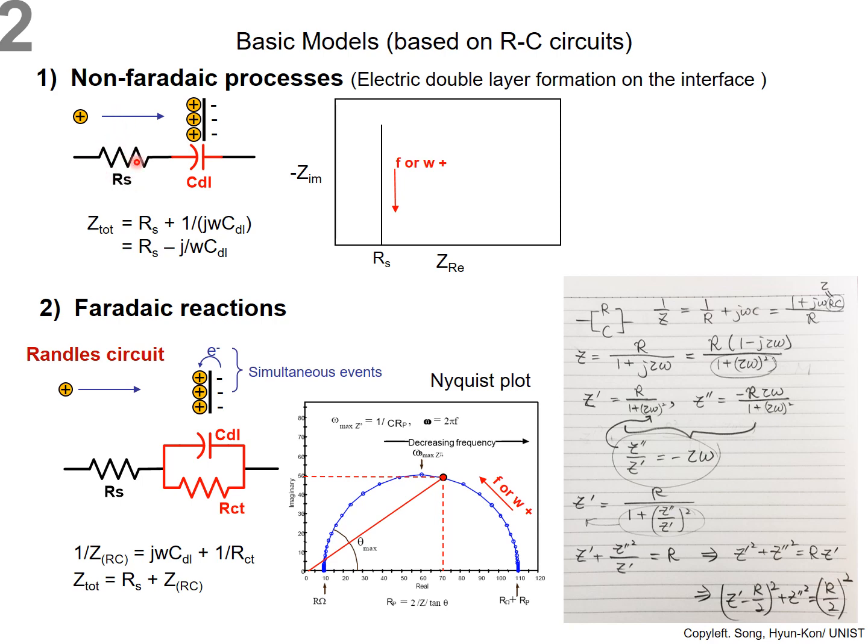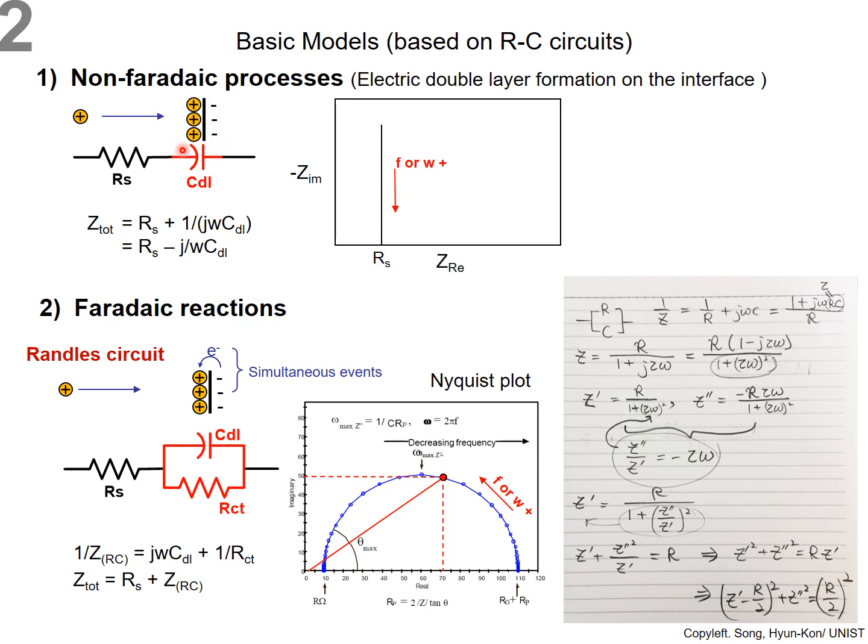Then, after these plus ions reach the surface of the electrode, the electric double layer is formed on the surface of the electrode, plus and minus. Or if you have applied some positive potential to the electrode, then minus ions and a plus charged surface.